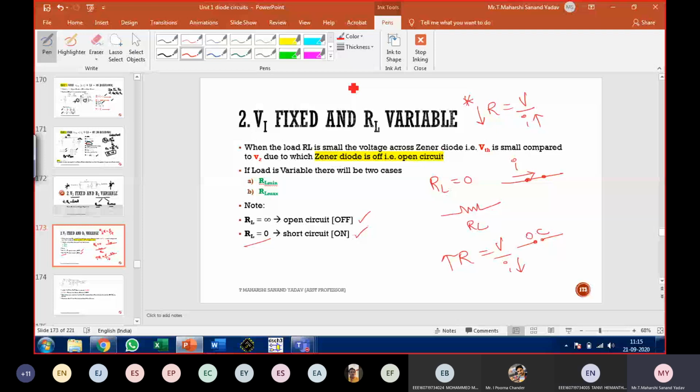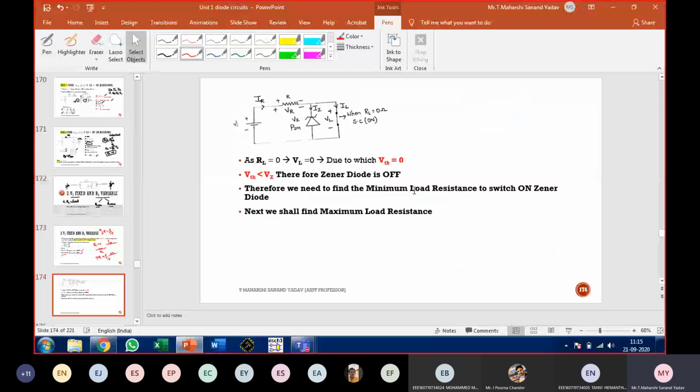See, this is the same diagram. Input is Vi, and this is the current limiting resistor. This is nothing but the Zener diode. And here is RL. Initially, it was only RL. Now, in order to analyze this, we need to find two cases: the minimum value of RL and the maximum value of RL. If you see point number 1, RL is equal to 0.